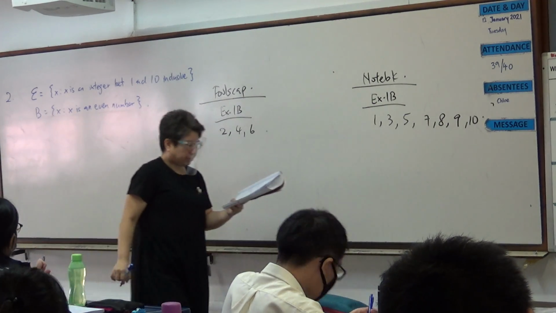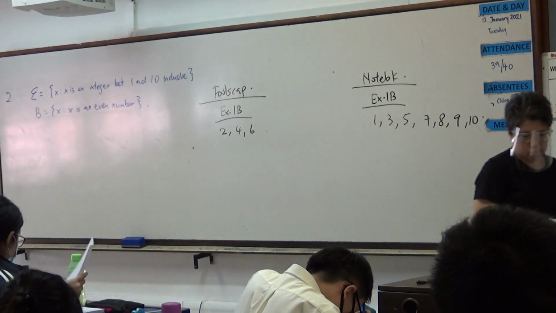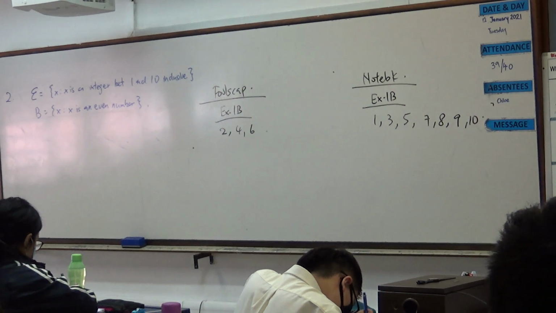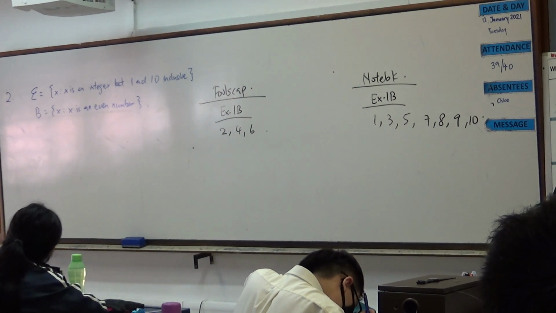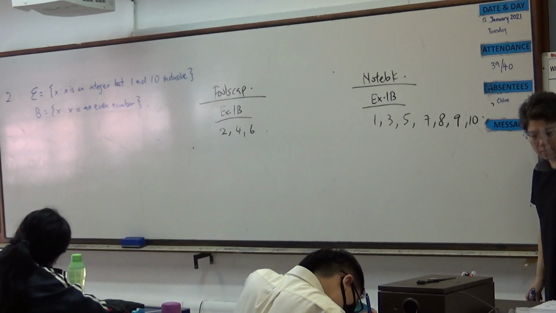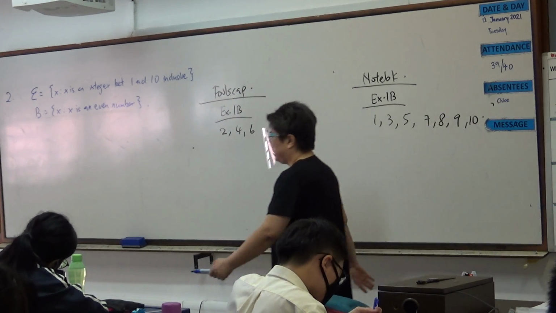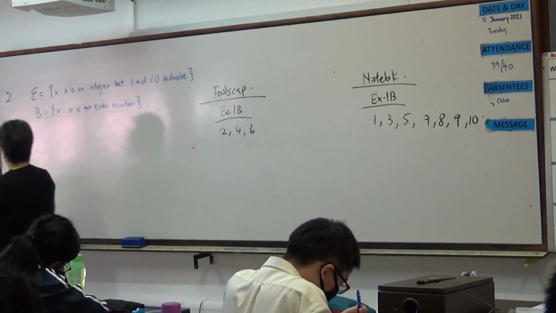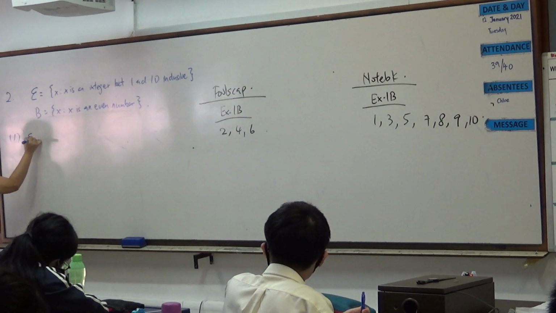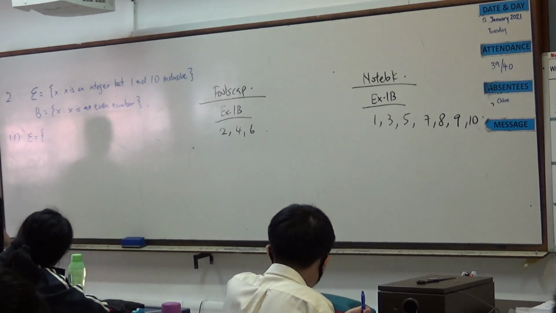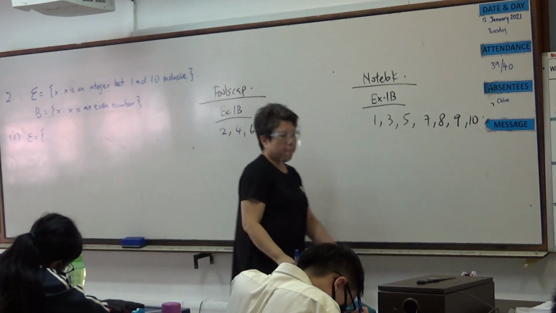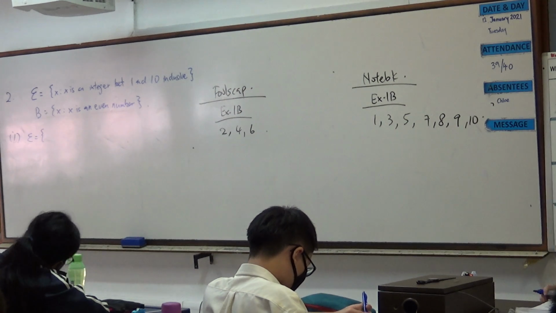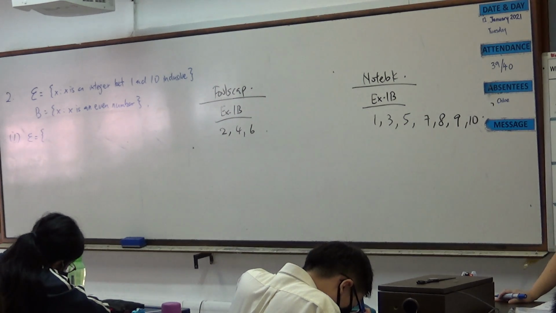Even number. Write down first, like that. List all the elements in the universal set and of B in set notation.